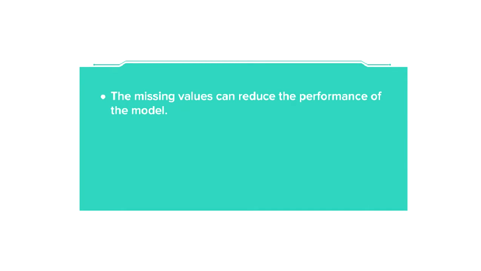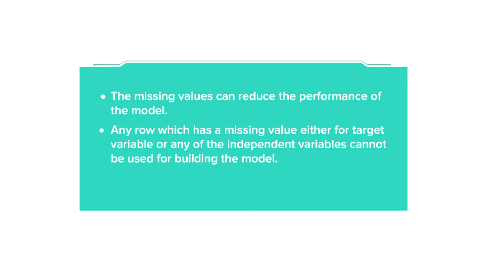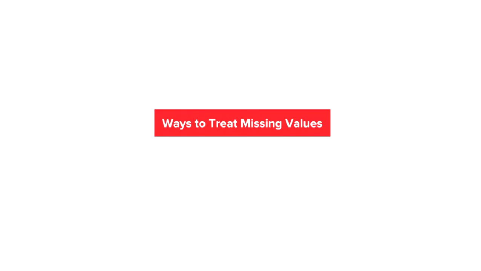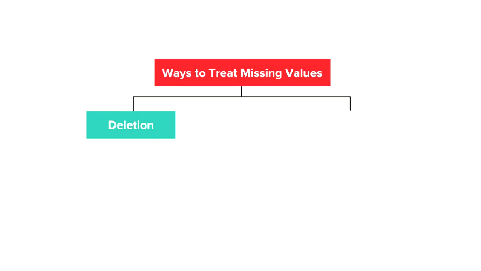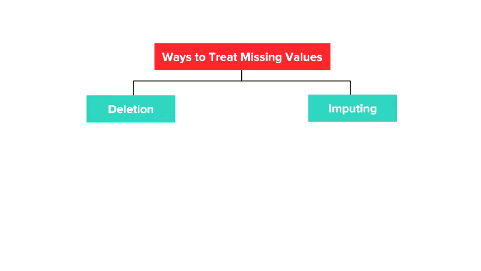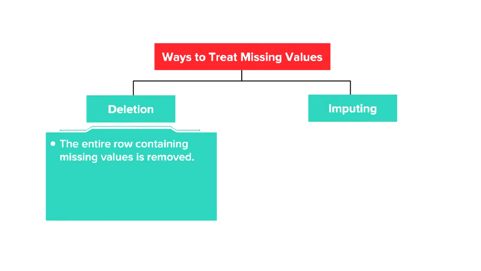These missing values can reduce the performance of the model, since any row which has a missing value either for the target variable or any of the independent variables cannot be used for building the model, and hence we need to treat them. There are 2 ways for treating the missing values: deletion and imputing. In the deletion method, we remove the entire row containing the missing values.